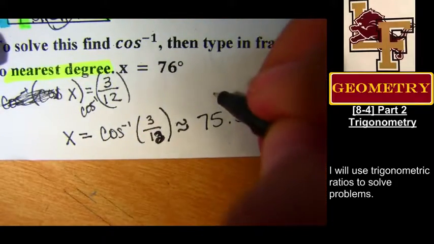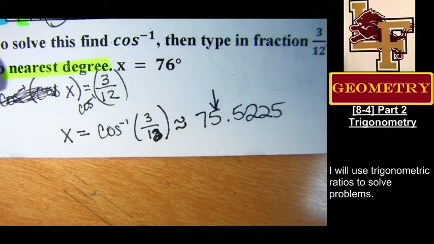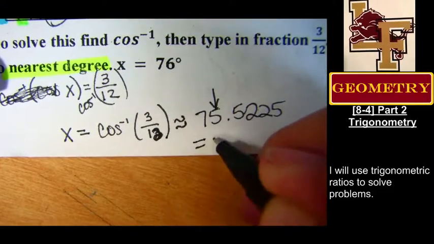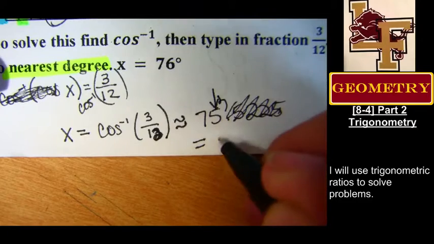So I want the nearest whole number right there. Look at the number after that. Is it bigger than 4? It is bigger than 4, so I'm going to get rid of this and push that up by 1.